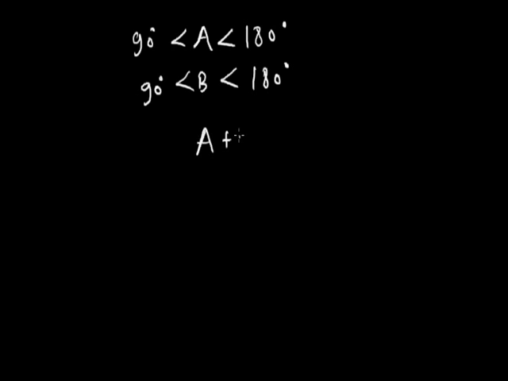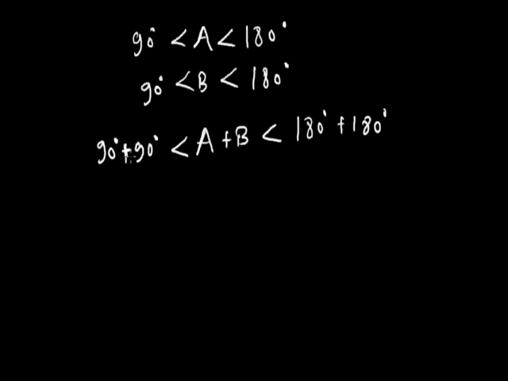So let us suppose angle A is an obtuse angle having measure less than 180 degree but greater than 90 degree, and another obtuse angle, angle B, whose measure is less than 180 degree but greater than 90 degree. So A plus B is less than 180 degree plus 180 degree, which is 360 degree, but greater than 90 degree plus 90 degree.